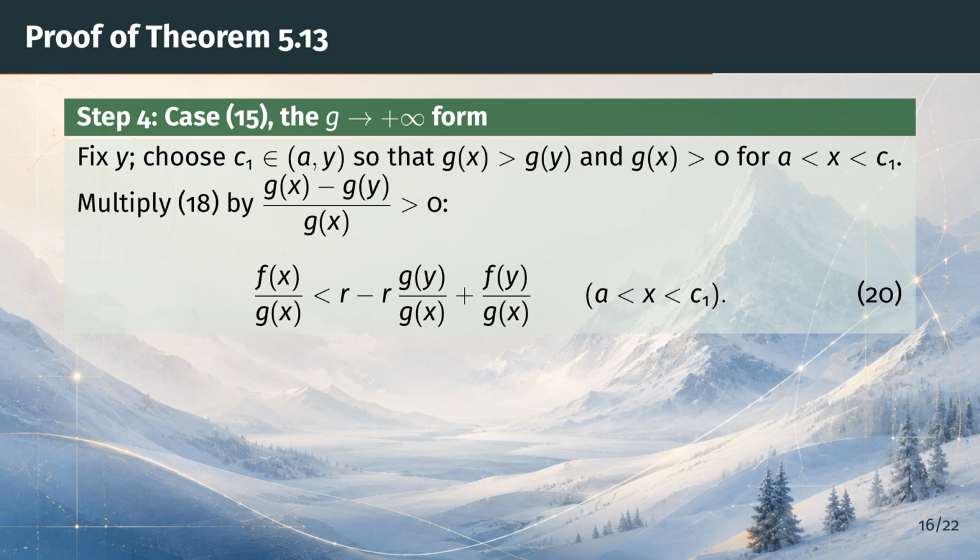That makes the factor g of x minus g of y, all over g of x, a positive number. Multiplying inequality 18 by this positive factor preserves its direction, and after rearranging, we arrive at inequality 20. On the right, we now have r, plus two correction terms that both carry a g of x in the denominator. Watch what those correction terms do as x approaches a.